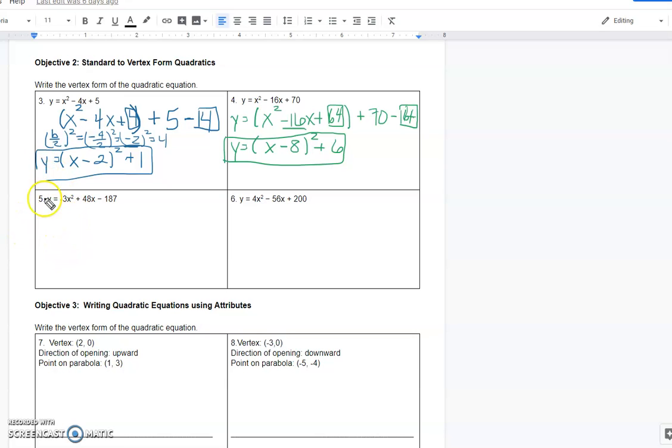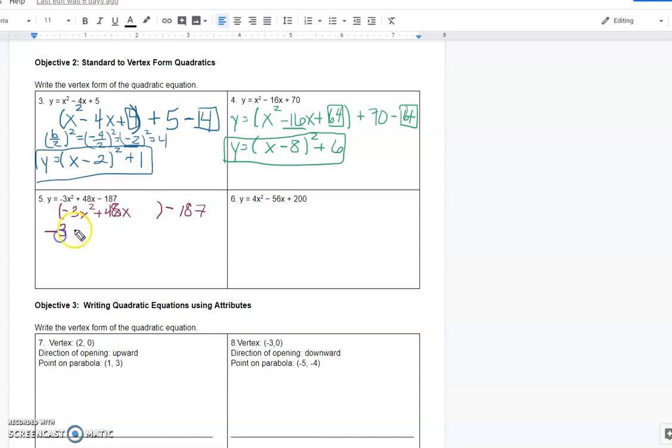Okay, for number 5, we're going to start out the same. I'm going to put negative 3x squared and 48x in the parentheses, minus 187 on the outside. This time, I do not have a equal to 1, it's negative 3. So I'm going to factor that out.